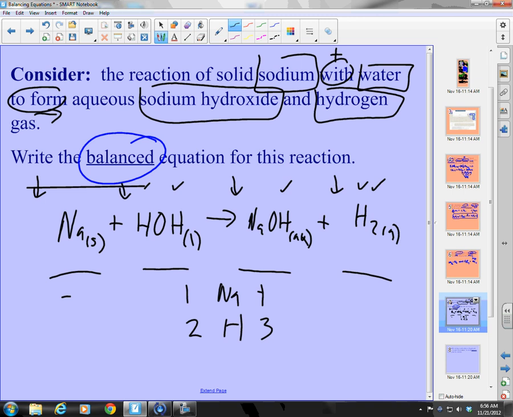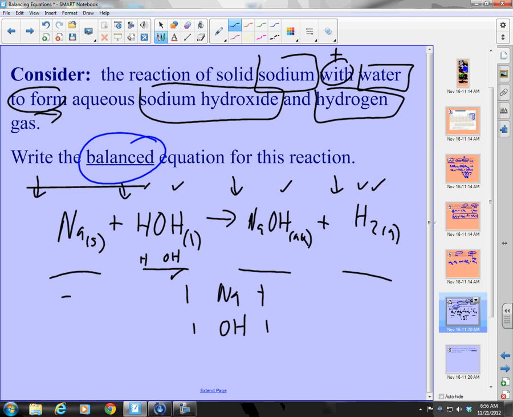And now this is where it helps me if I look at water as HOH, because let's take this and look at it a different way. Let's look at my polyatomic as a separate thing. We'll call it an OH here. So I have 1 OH here and 1 OH here.